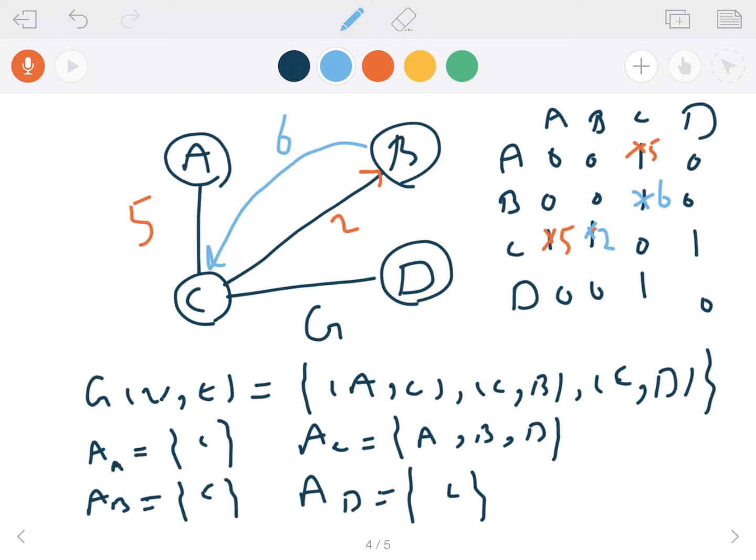And because it's undirected, if there is an edge from A to B, there will also be an edge from B to A. If the graph is directed, we should be careful about putting the numbers in our adjacency matrix. If there's an edge from node A to C, then we can put 1, but if there's no edge from C to A, then we have to put 0 as the corresponding number.